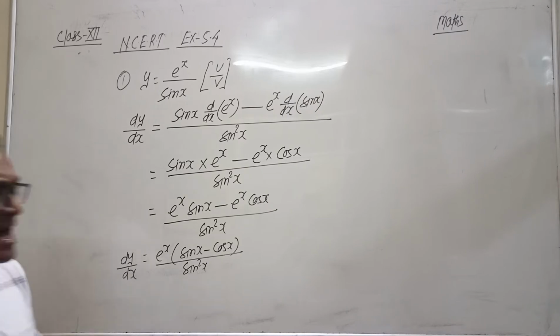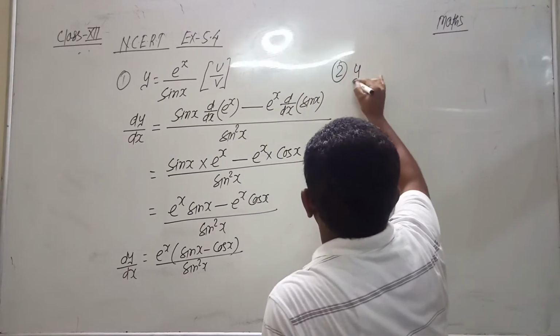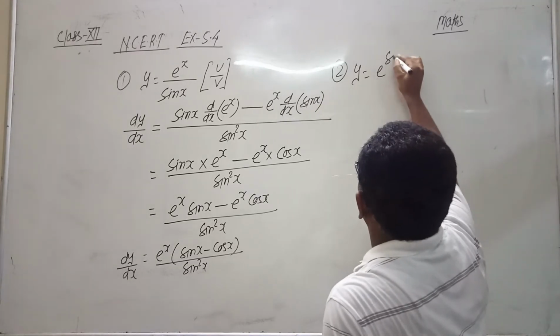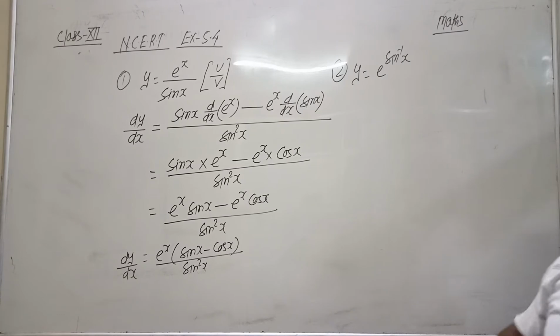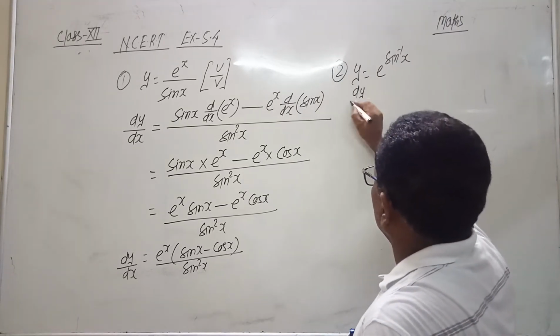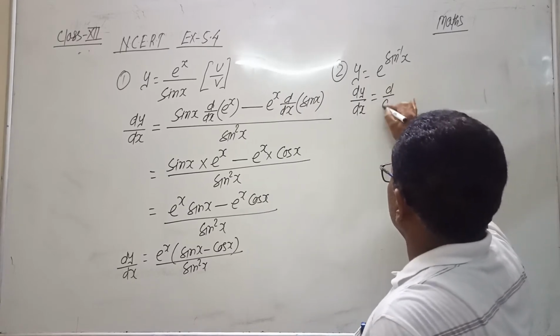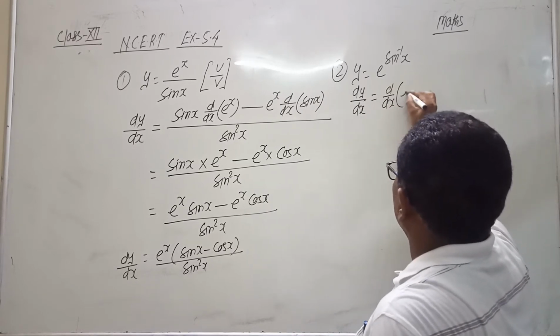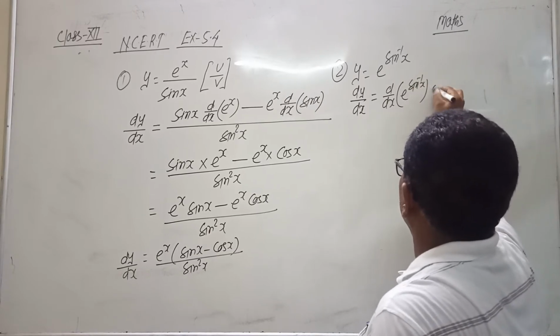Second question, y equals e raised to the power sin inverse x. Firstly we will differentiate the whole term, dy by dx. It is written d by dx of e raised to the power sin inverse x.